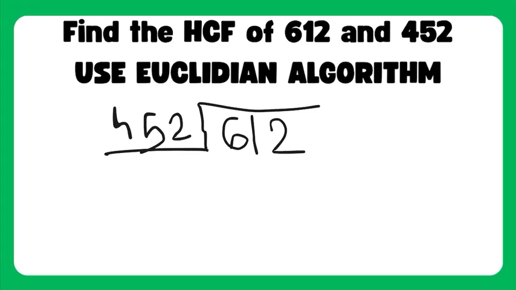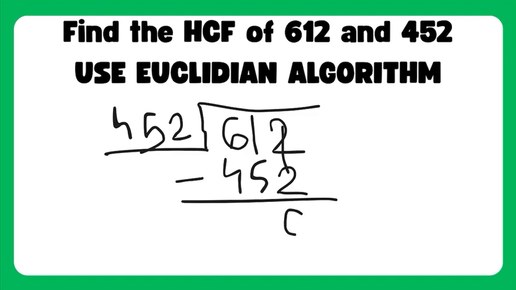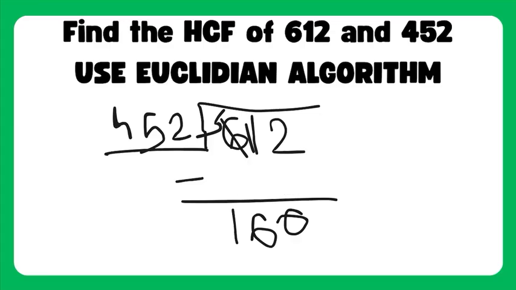So we will be dividing these. And you can only divide it once. So we will put 452 over here and subtract. So first we have 2 minus 2, which is 0. Then we can borrow. 11 minus 5 is 6, and 5 minus 4 is 1. So we get 160.